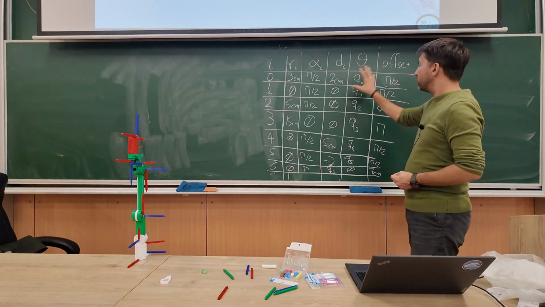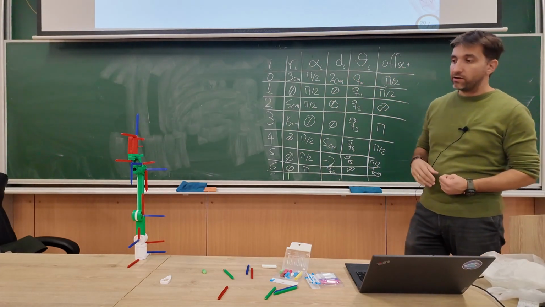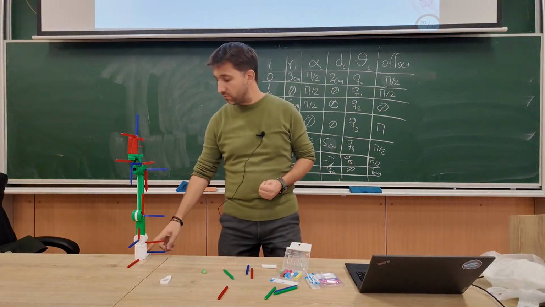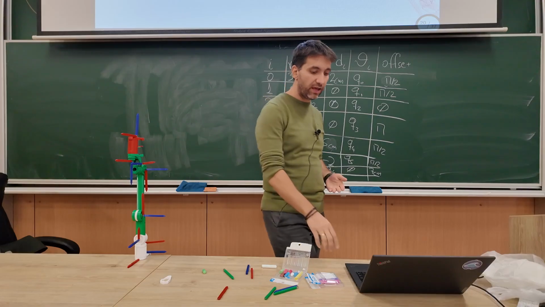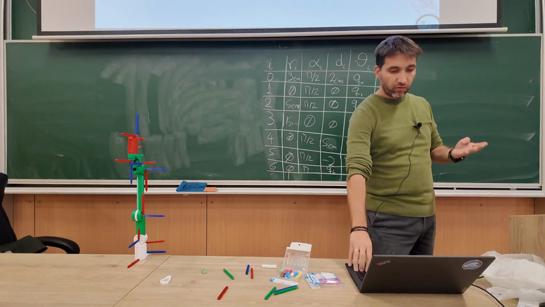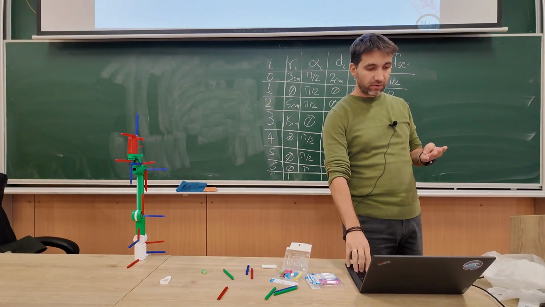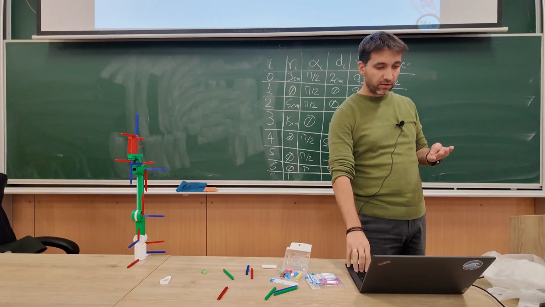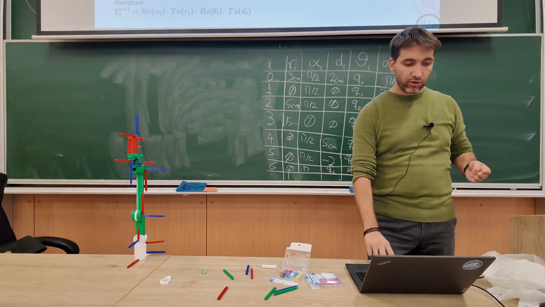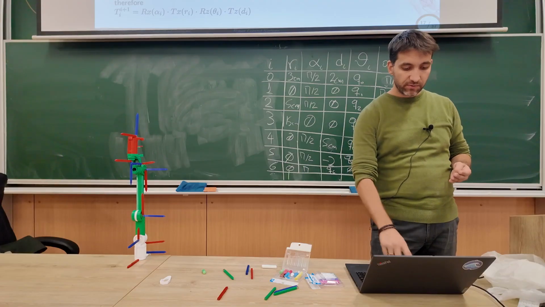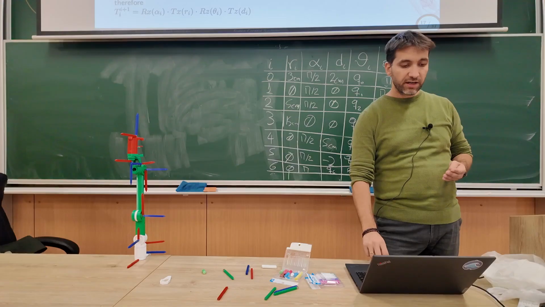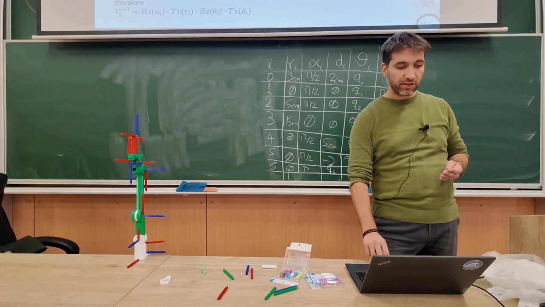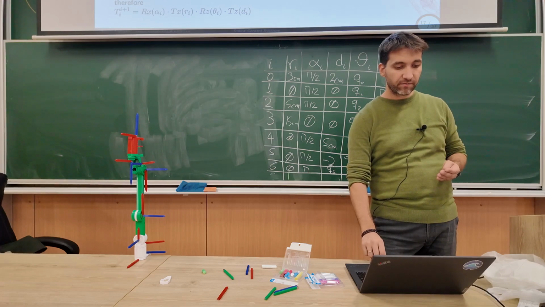Now, if I know these numbers, I can calculate the transformations from one frame to the next for subsequent frames, right? And we said that we have basically 4 transformations. So I'll go back a bit. Here, we have 2 rotations and 2 translations: 1 rotation and 1 translation around the x axis, and 1 rotation and 1 translation around the z axis.